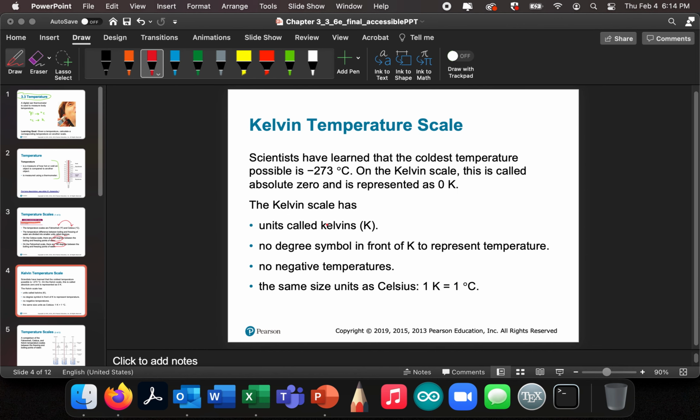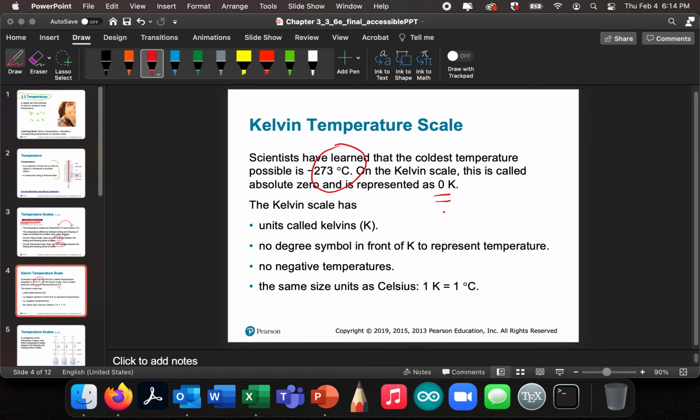Right, so on the Kelvin scale, there's 100 kelvins between boiling and freezing. But scientists have figured out that the coldest temperature possible is negative 273 degrees Celsius, okay? Now, since that's the very coldest temperature possible, we've given it a name called 0 kelvins, okay?